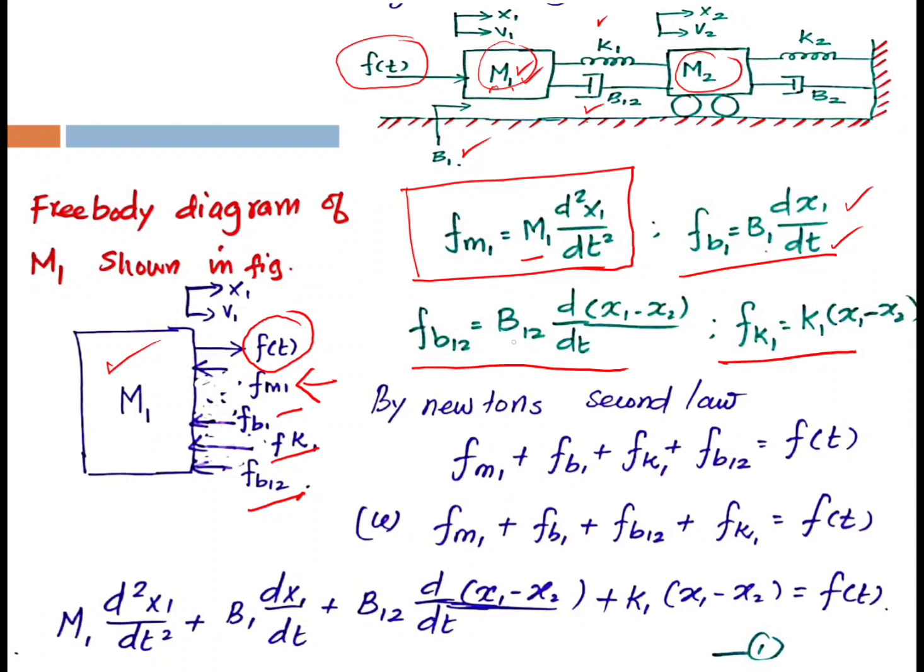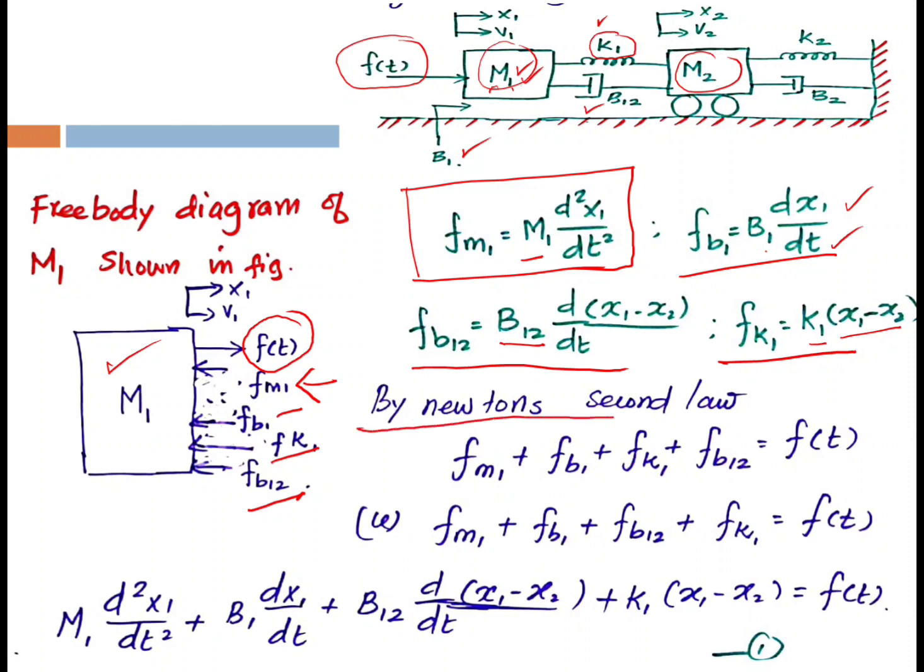So Fb12 is equal to b12 into d of x1 minus x2 divided by dt. Similarly, we have to consider K1. K1 is in between M1 and M2. Here also we have to consider two different displacements. So Fk1 is equal to K1 into x1 minus x2.